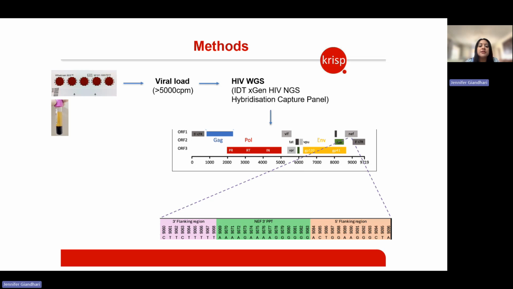We then aligned our sequences to the HIV reference strain HXB2 and identified mutations in the 3' polypurine tract region of NEF, as well as in the flanking 3' and 5' regions. The mutation frequency was assessed overall and by HIV subtype.